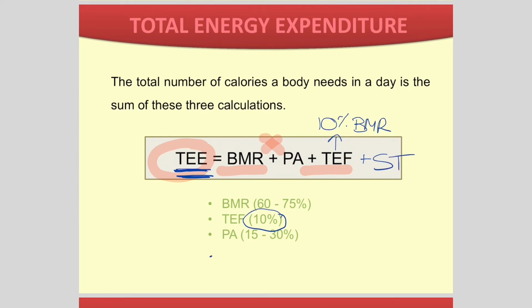Stress thermogenesis is when there is a really stressful situation, like someone who has had a very severe accident, whose body has been burnt a lot. We consume lots of calories in order to recover from this stress situation, so we will have to add some calories in this case. But this is only in stress situation conditions, not in normal conditions.